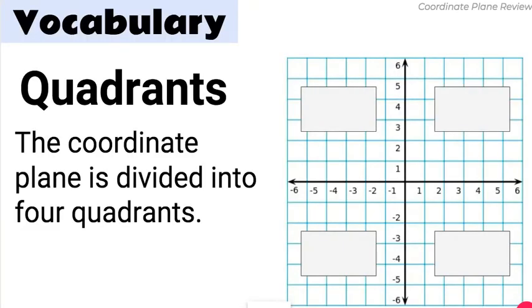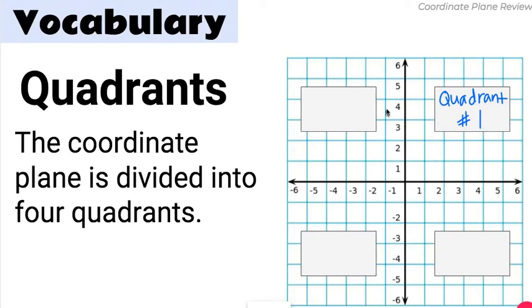Okay, last piece of vocabulary, the quadrants. So the coordinate plane is divided into 4 quadrants. And you'll see them labeled, with little boxes on your coordinate plane. We start in the upper right-hand corner. And this is quadrant number 1.